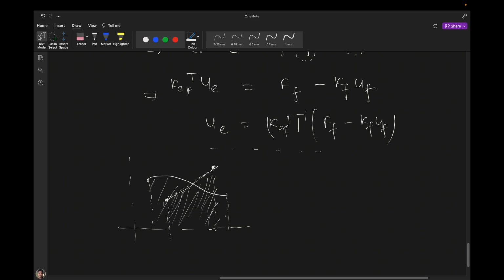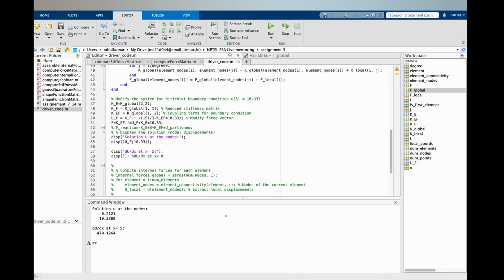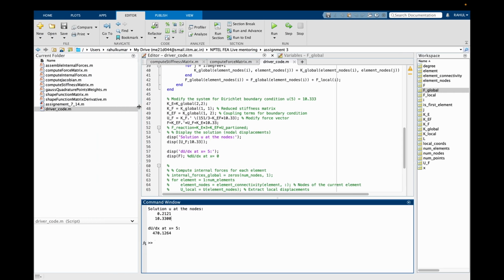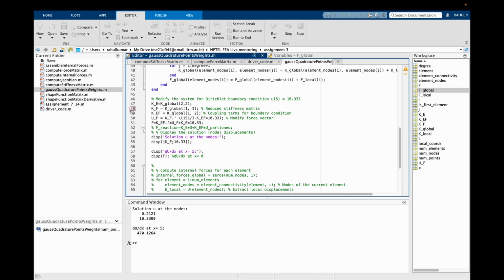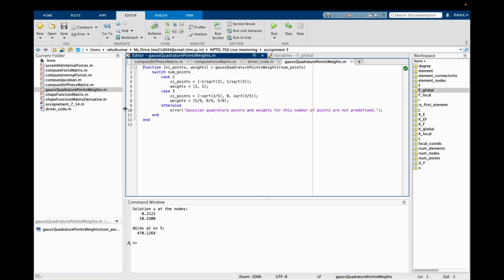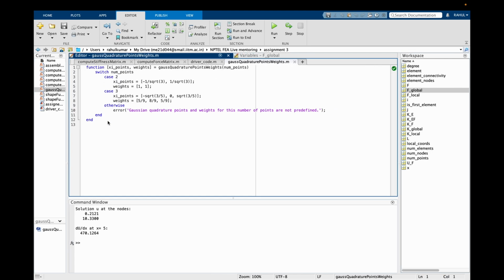So Gaussian quadrature in this case, suppose the linear element, where is the linear element? Yeah, here it is. For the linear element, it is saying that at x equal to minus 1 by root 3 with weight 1, and at x equal to 1 by root 3 again with weight 1, the area will be the area given by this, and the integral of the linear polynomial will be the same.